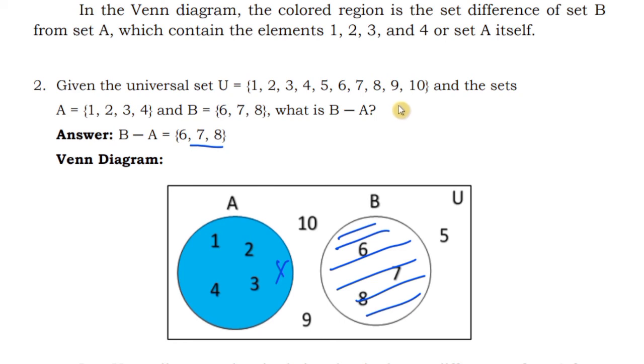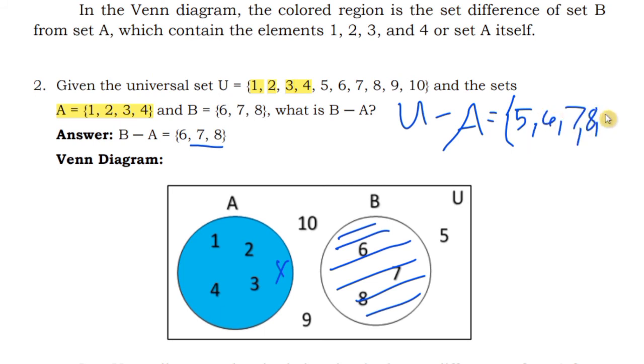What is the answer when we have U minus A? Okay, now let us look at the given set A. We have to eliminate these 4 elements so that we could identify the U minus A, the difference of set A and U. So the answer now would be 5, 6, 7, 8, 9, and 10.